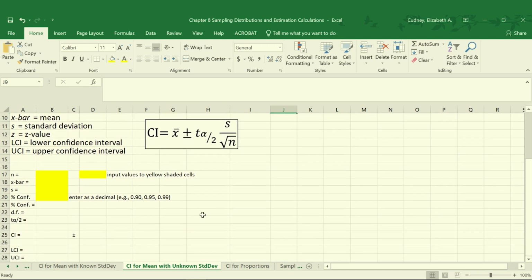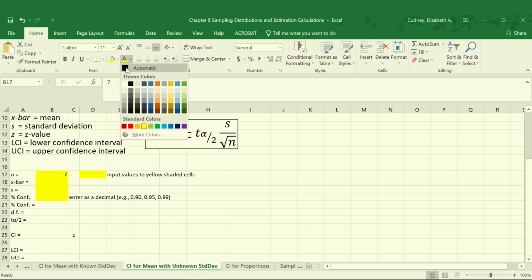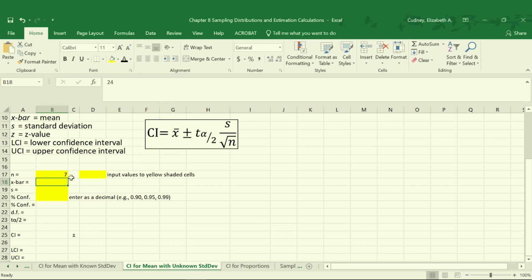Given the information that we have, we can go ahead and fill in some of our values. We know that our sample size is 7, our average, x bar, is 24, our sample standard deviation, which is s, was 3, and we're looking for a percent confidence interval.